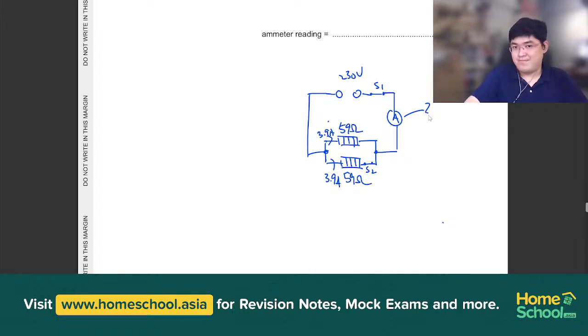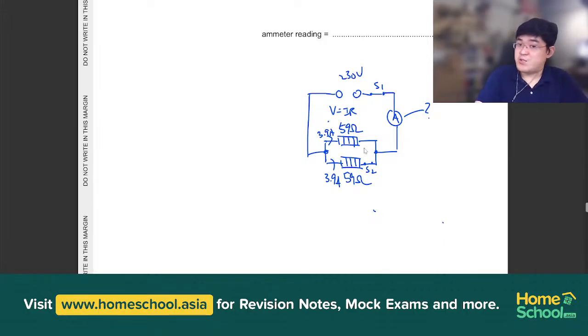As you can see, if you take 230 volts, V equals IR, and then you do some manipulation, you find I over here is 3.9 amperes. And for this branch over here, this is also 230 volts, since it's connected in parallel after all. Divide by 59 is 3.9 amperes on this side.